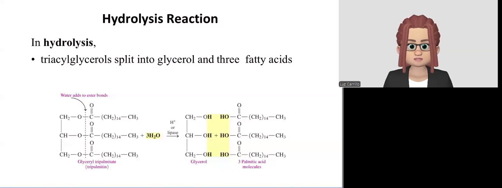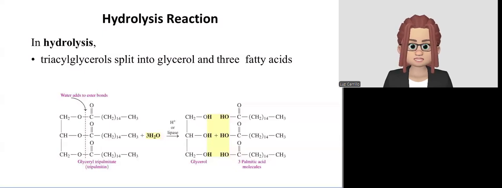Next, these triacylglycerols can be hydrolyzed. Now, hydrolysis, performed under acidic conditions or by the catalyst called lipase, results in the formation of a glycerol molecule and 3 fatty acid components. These 3 fatty acids are going to be protonated, so we have full carboxylic acids.